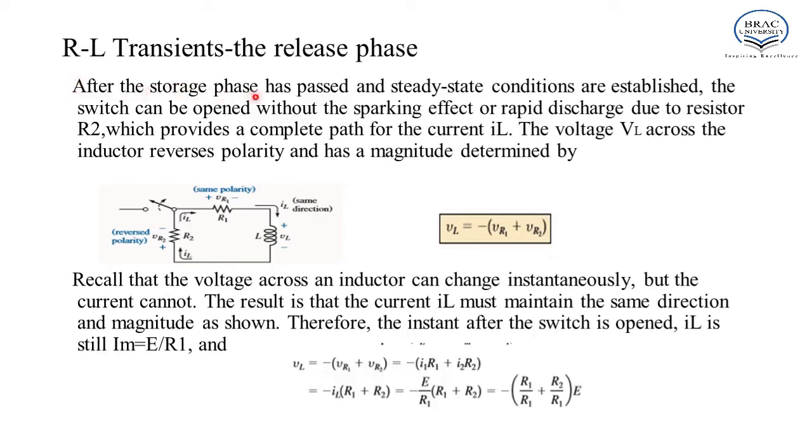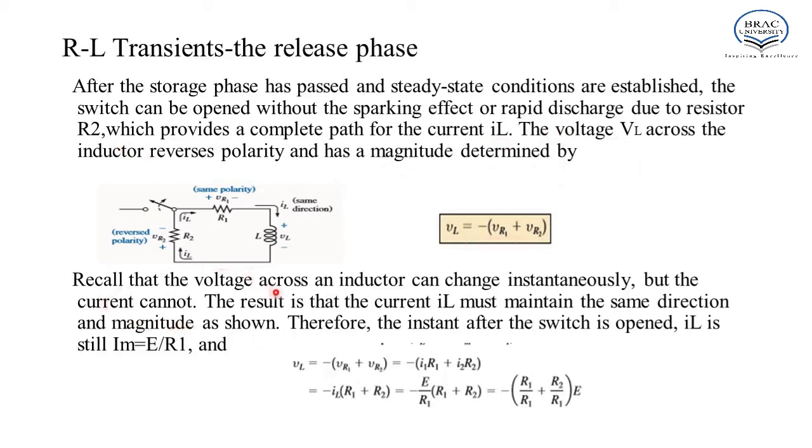After the storage phase has passed and steady state conditions are established, the switch can be opened without the sparking effect or rapid discharge due to resistor R2, which provides a complete path for the current IL. The voltage VL across the inductor will reverse polarity and will have a magnitude determined by VL equals minus VR1 plus VR2.